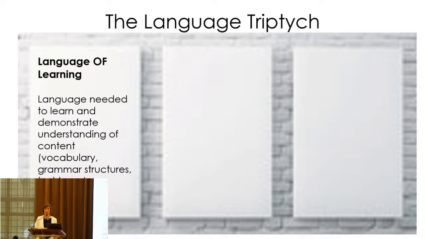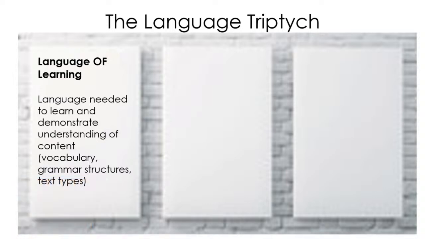And the language of learning is also about text types. So text types, for example, in science, when students write a lab report, there is a certain format. It's not like a narrative story. It's not once upon a time. It will be first, open the, I don't know what, or next, add 3 drops of chlorine.